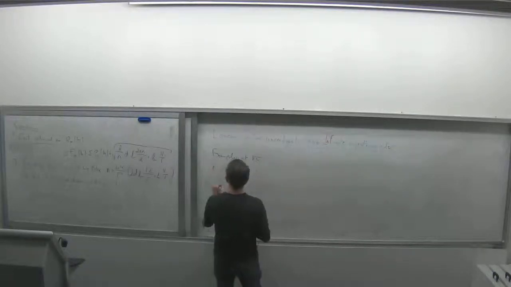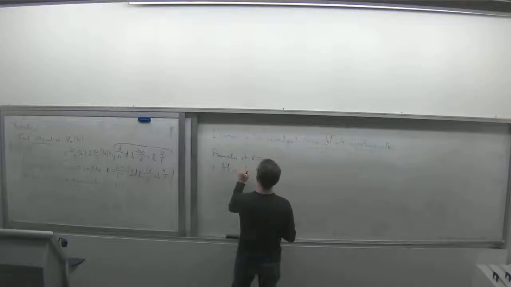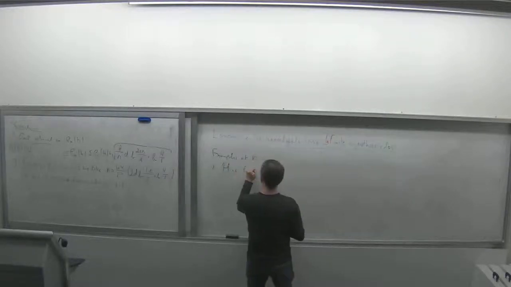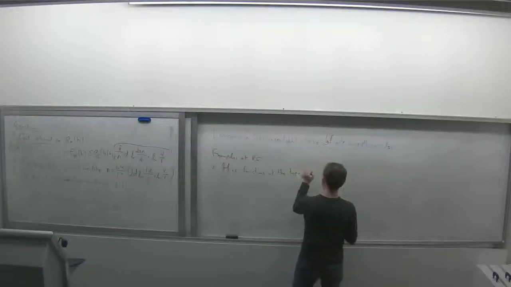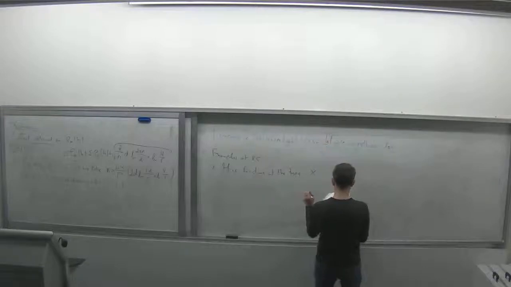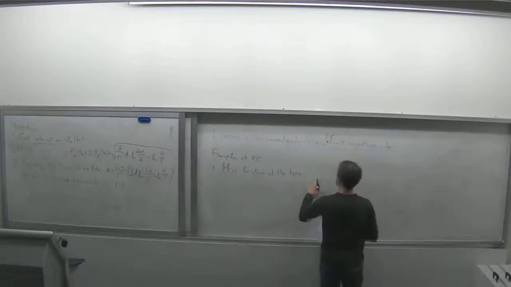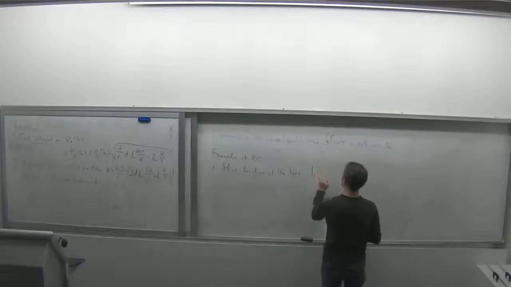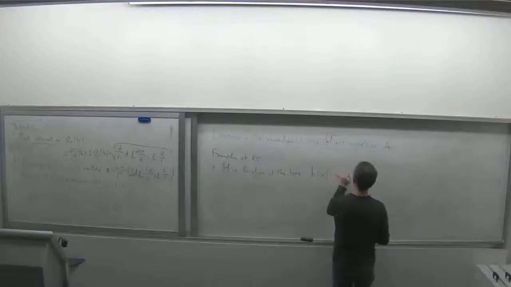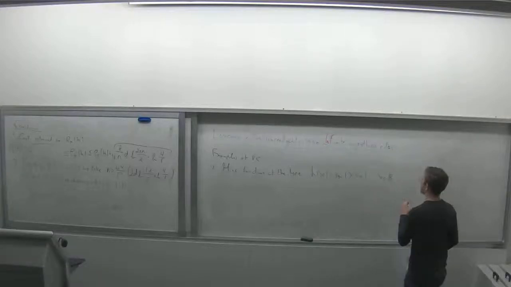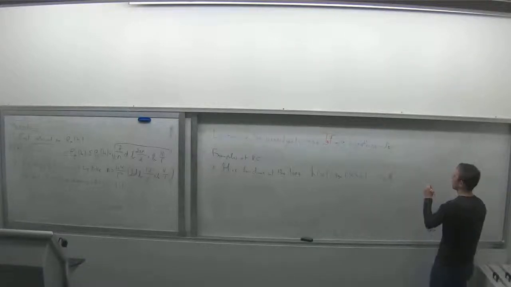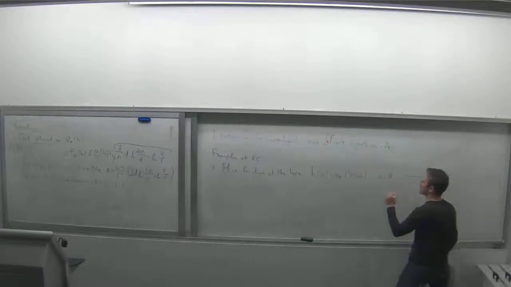Let's do one where h of x is the sign of x greater than a, where x is in the reals. So x is one-dimensional, and our hypotheses are something like w times x.